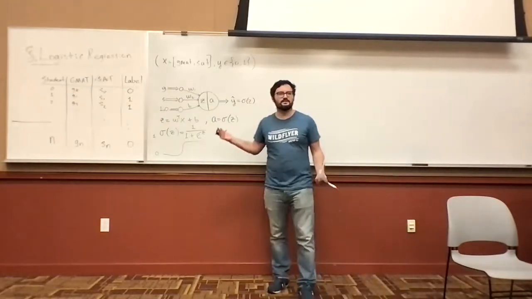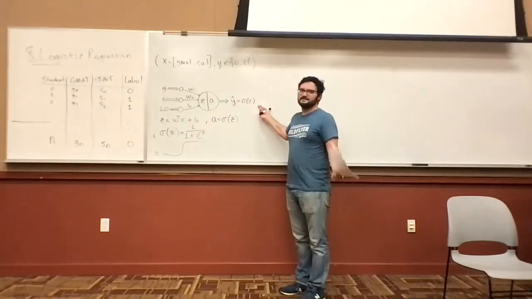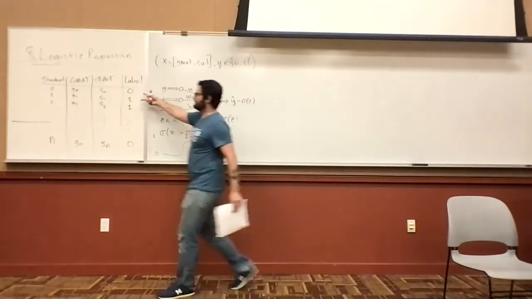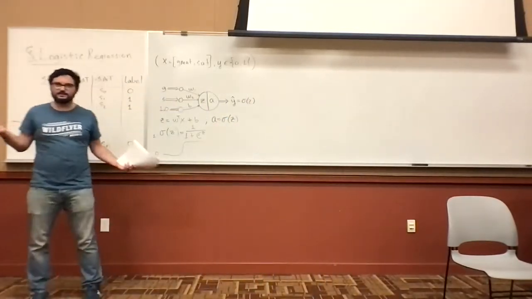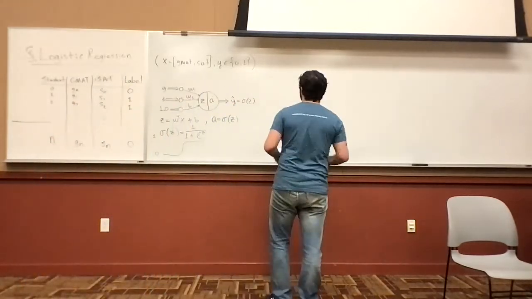But how do we choose that? How do we decide 1 or 0 given a probability? We're only spitting out one number, but there's two choices, 0 or 1. It's a binary choice, right? So let's make a few observations.